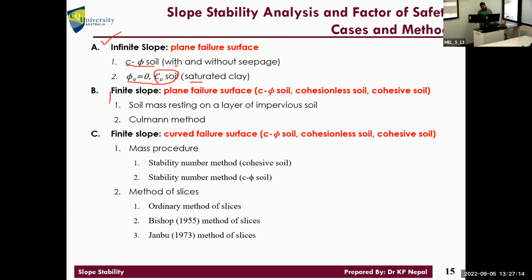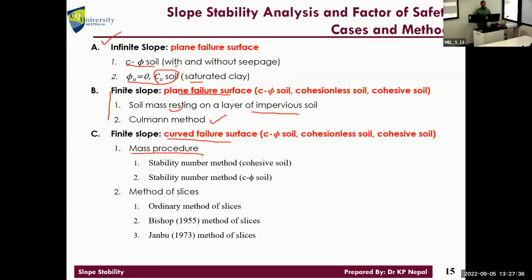Finite slope failures: a finite slope has a plane failure surface and then a curved failure surface. Like you see in dams, with some finite width or length. In that case, there are two cases: soil mass resting on an impervious layer of soil, and then the Culmann method. For the finite slope, we call it the mass procedure.